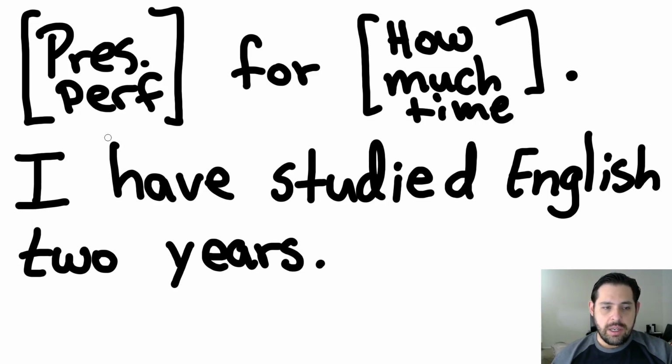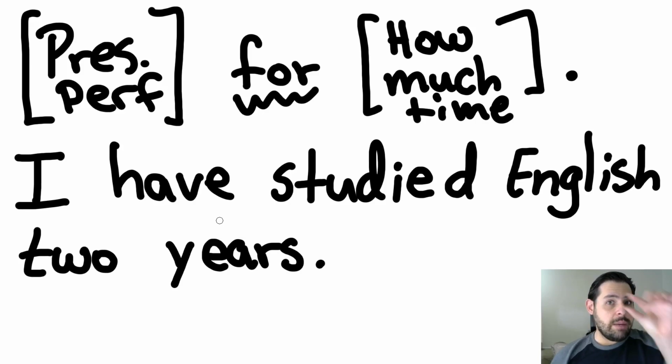Subject, our present perfect, and then the rest of the phrase, which is how much time. So we have to notice that the word for is asking for how much time. We're not talking about a specific time. We're not asking when.